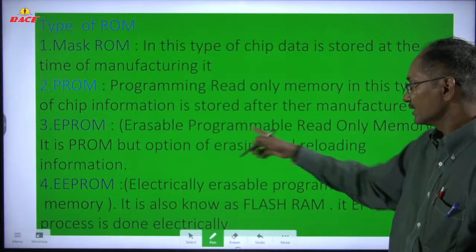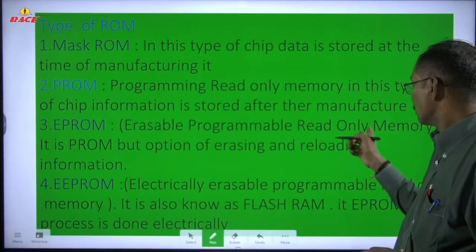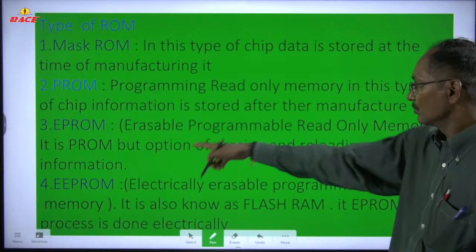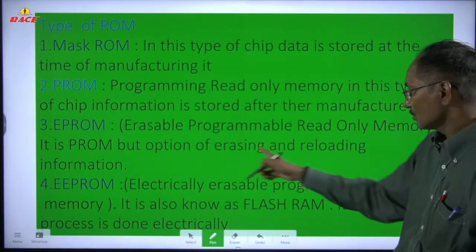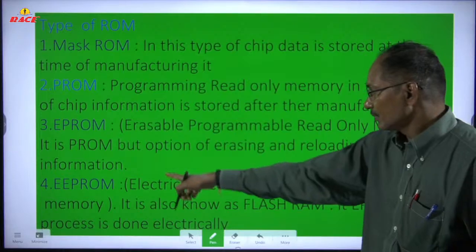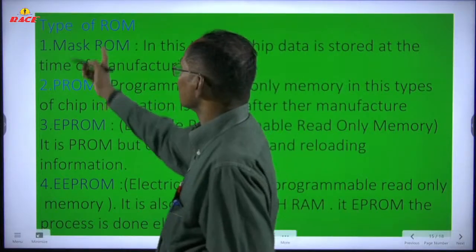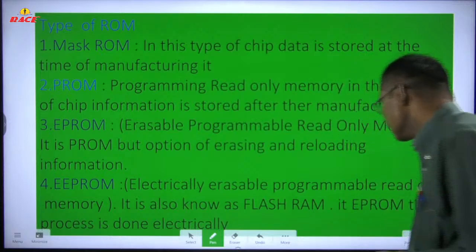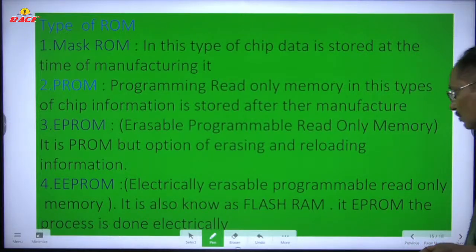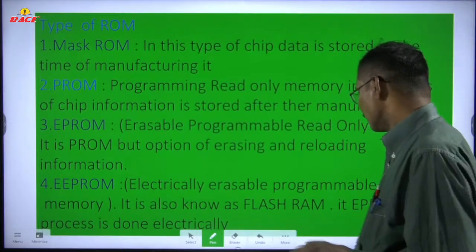EPROM, erasable programmable read-only memory, is a PROM with the option of erasing and reloading. This is the old method. Presently we are using electrically erasable programmable read-only memory, also called flash ROM.